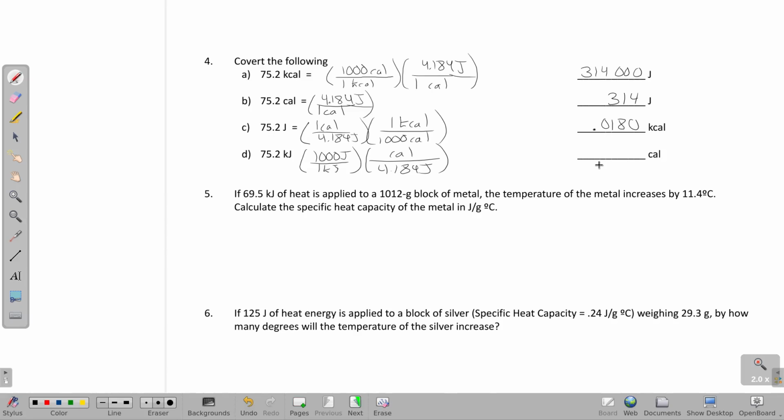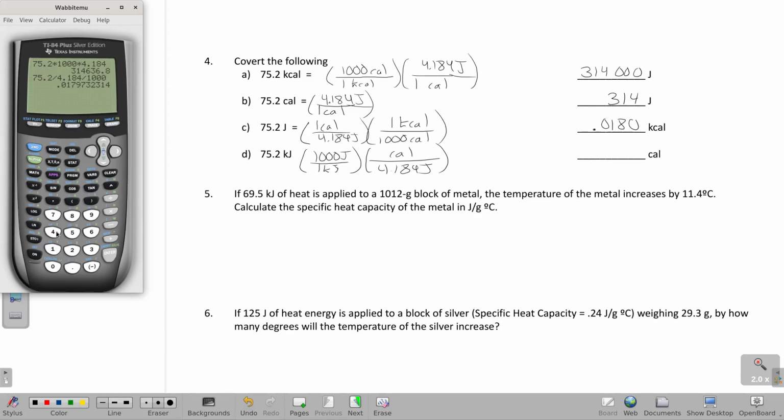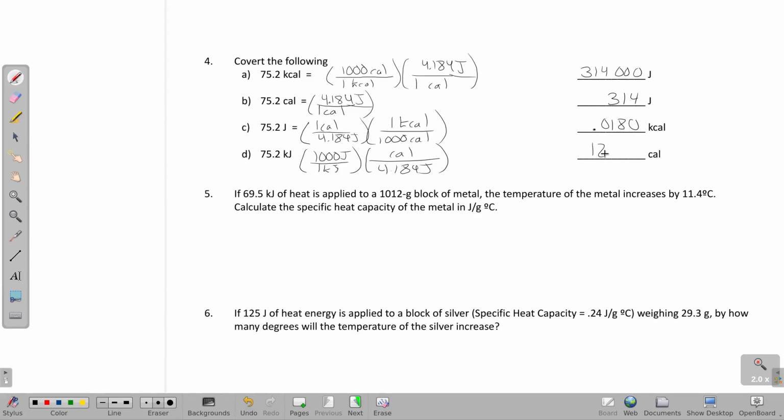And the last one, 75.2 times 1,000 and then divided by 4.184, we get 18,000.